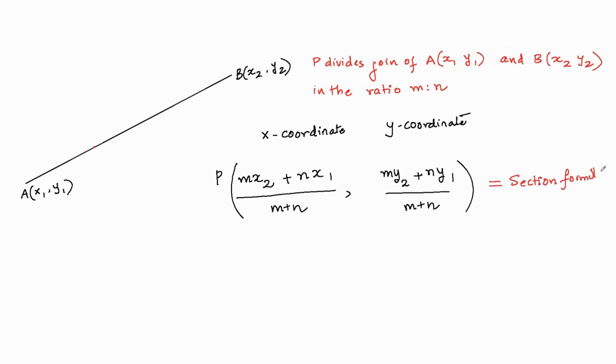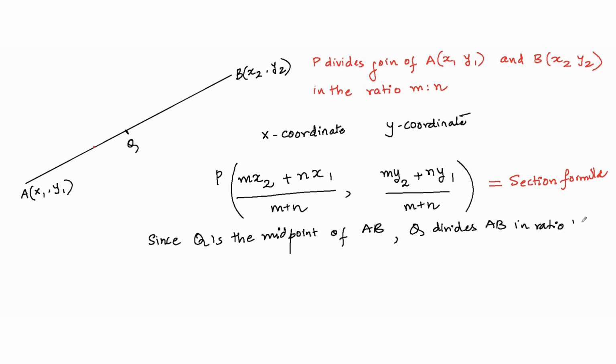Now let us assume that there's another point Q which is located at the midpoint of A and B. Since Q is the midpoint of AB, I can say that Q divides AB in the ratio 1:1.